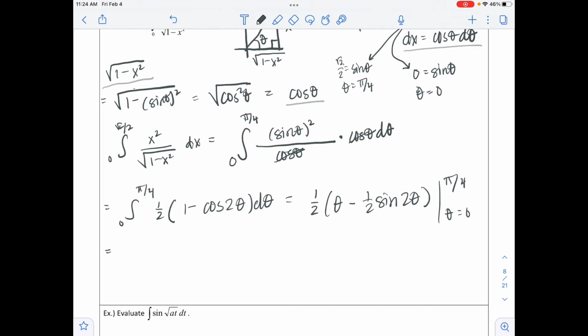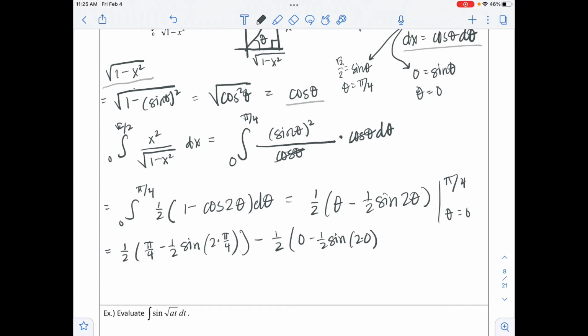So substituting in pi over 4 first, we have 1/2 times pi over 4 minus 1/2 sine of 2 times pi over 4, or pi over 2, minus, and then subbing in our lower limit of integration, I have 0 minus 1/2 sine of 2 times 0, which is 0, and sine of 0 we know is just going to be 0.